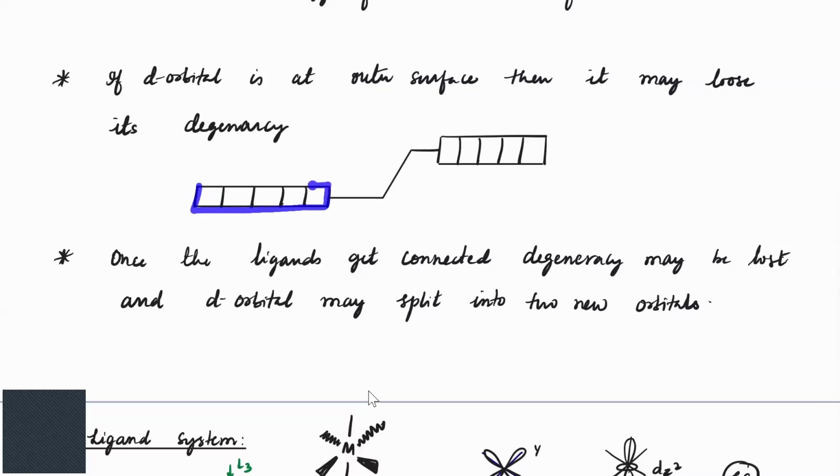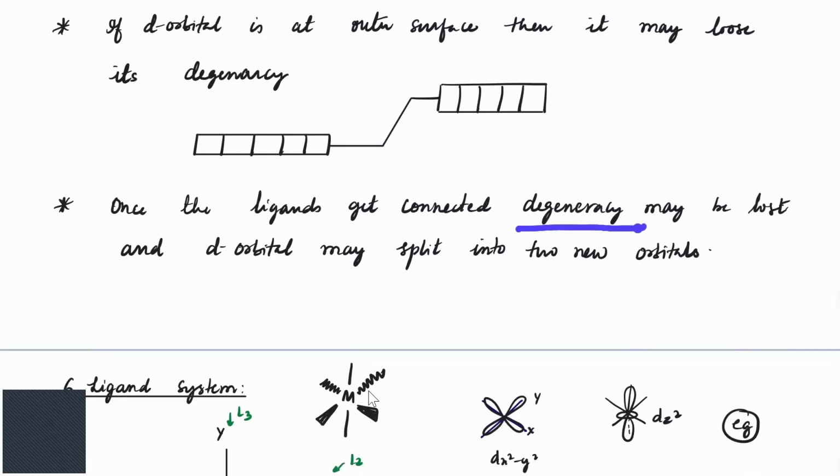Originally, all five d orbitals are degenerate, meaning all of them have the same energy. But after the ligands approach, the energy of all the orbitals rises because of the repulsion. While rising, not every orbital gets the same amount of repulsion. Some get more repulsion, some get less. Because of this, there is a chance that the degeneracy is completely lost.